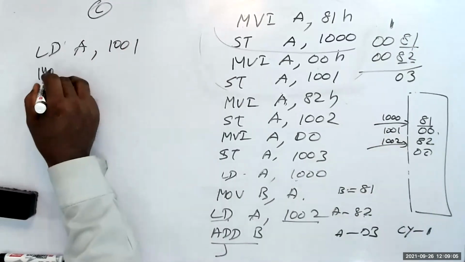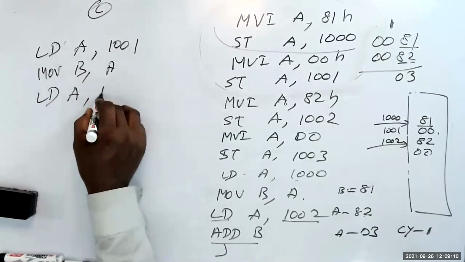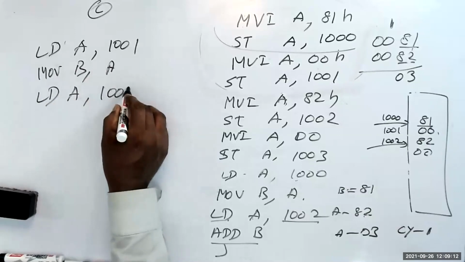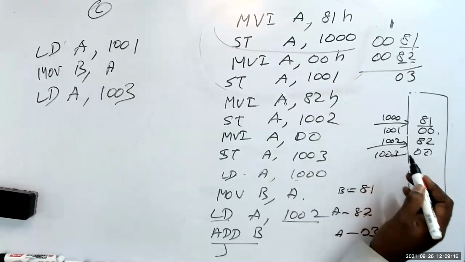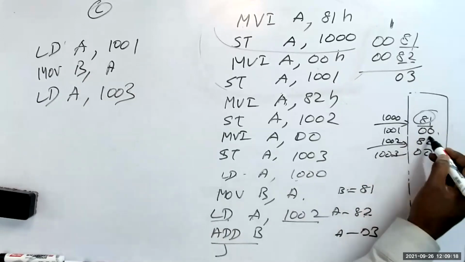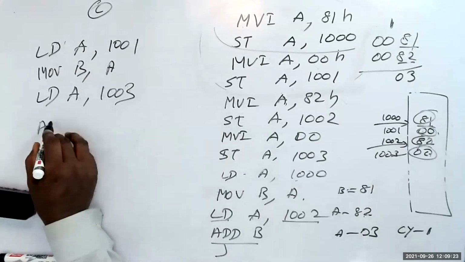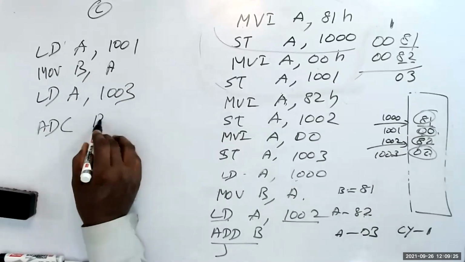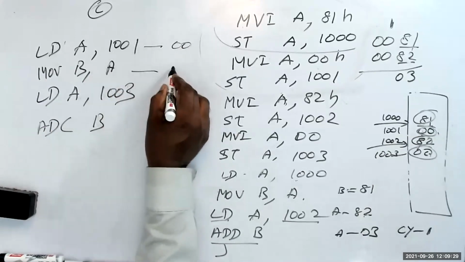Move B, A. I say load accumulator 1003, sorry, this. Previously, I added low byte. Now I'm adding high byte. Now I say add with carry B. Now A is having 00. Now B is having 00.